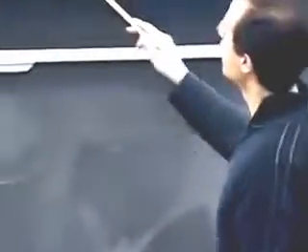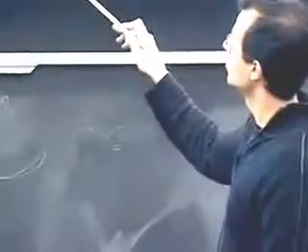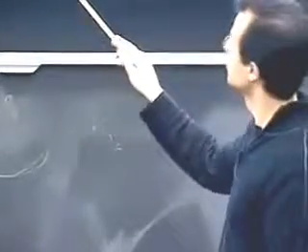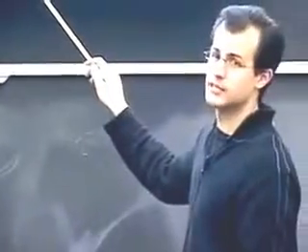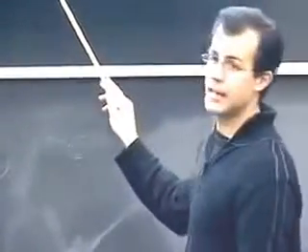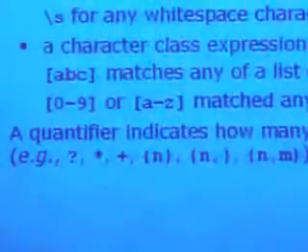And then finally, to summarize, these are the possible quantifiers, and we've not seen examples of all of these, but it turns out that not only can you say, give me 8 of these things, you can also specify a range. This means give me at least n of these things, and this means give me at least n, but no more than m of the preceding things. So that too can be useful in some contexts.